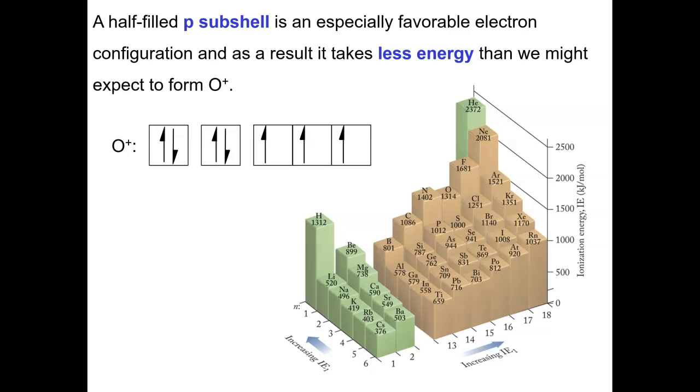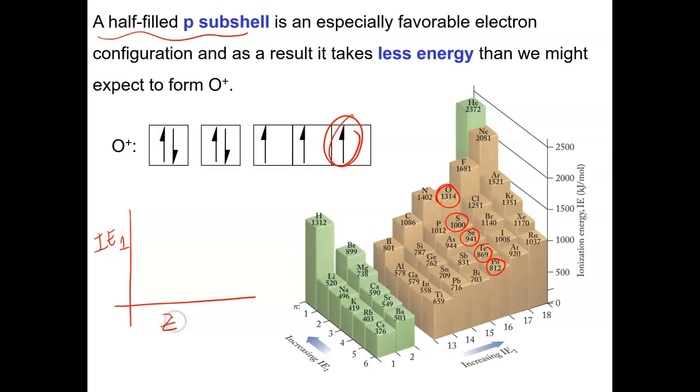The reason for that is this: a half-filled p subshell is an especially favorable electron configuration, and so as a result, it's a little bit easier than what we're anticipating to remove that fourth p electron. Okay, so it's kind of tough to break up this half-filled p subshell. So that's something to keep in mind. That's the origin of those exceptions that we see in that graph of first ionization energy versus atomic number.